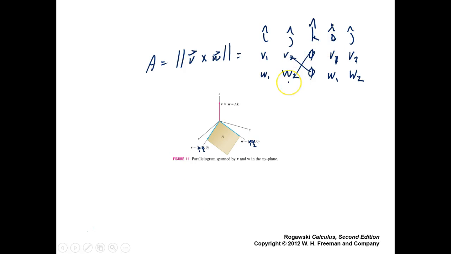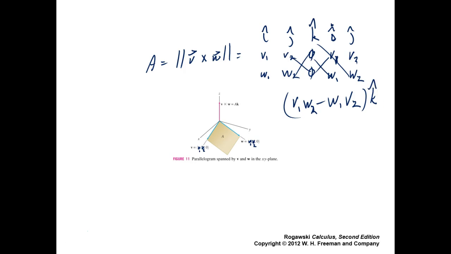That's 0. J is 0 minus 0. That's 0. Your K is V1, W2 minus W1, V2. This is the K component, and that's the only component.